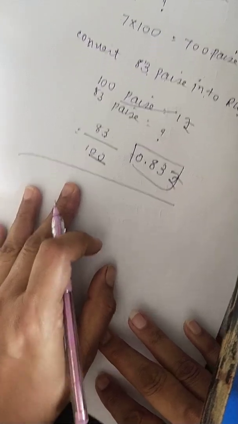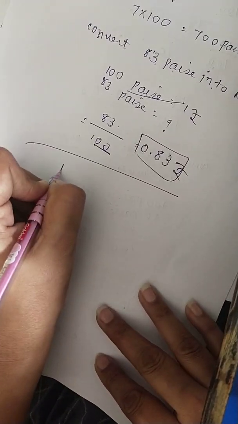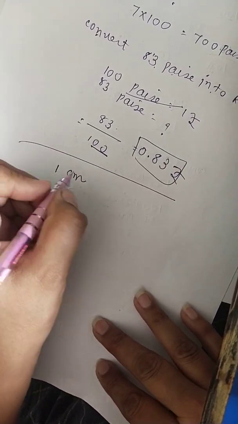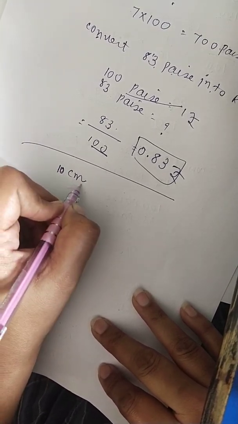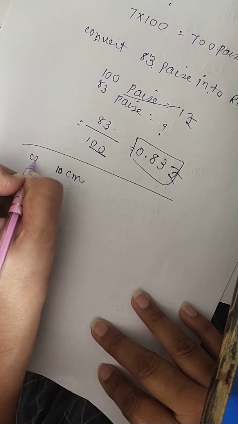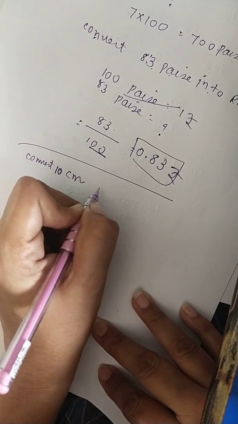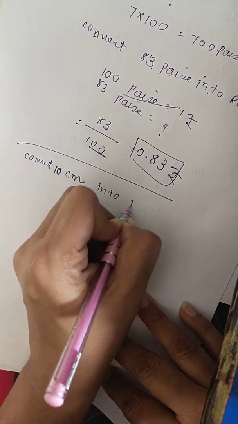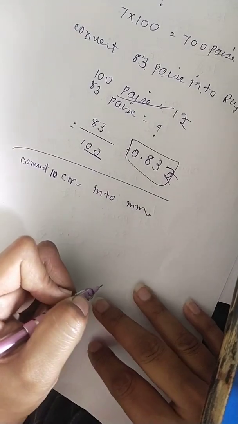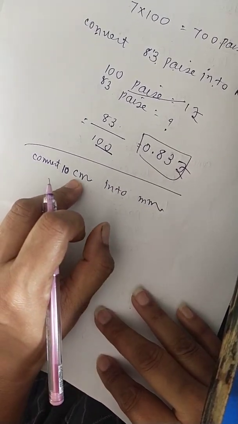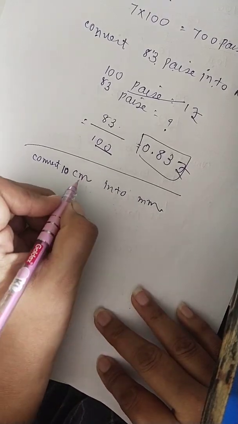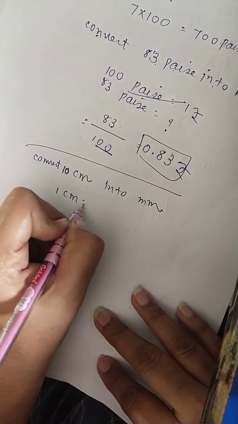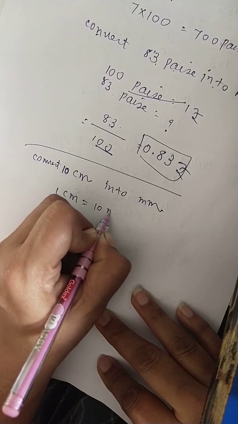Same way, students. Suppose 10 centimeter. Convert 10 centimeter into millimeter. Okay, what do we have to convert? Centimeter to millimeter. So first we write the centimeter. 1 centimeter is equal to how many millimeter?